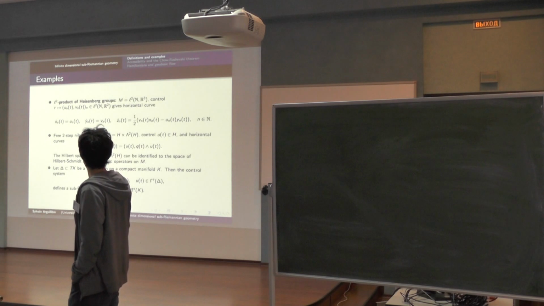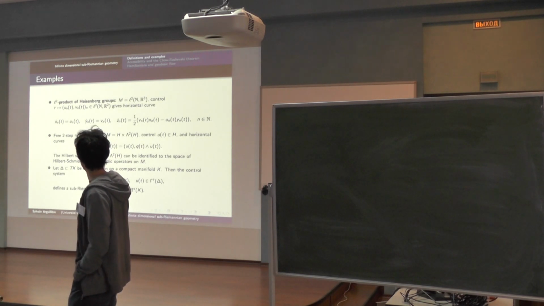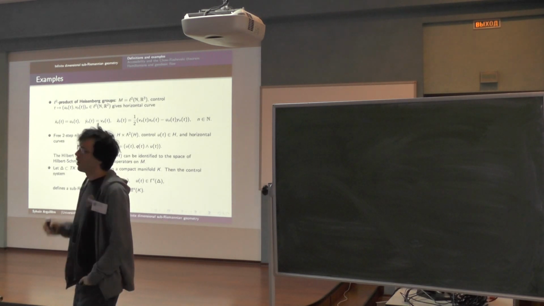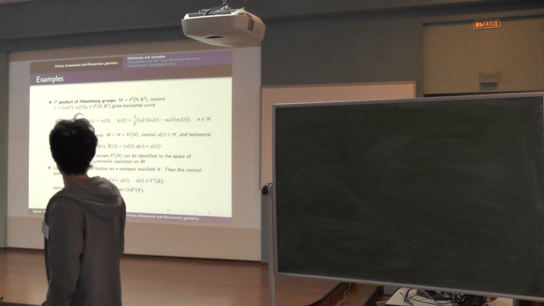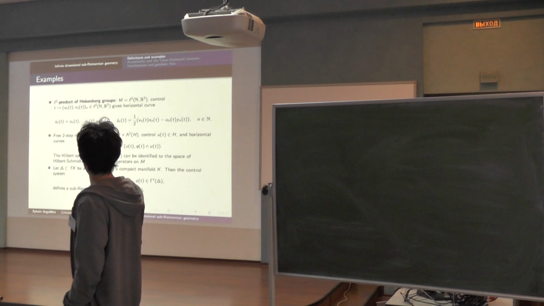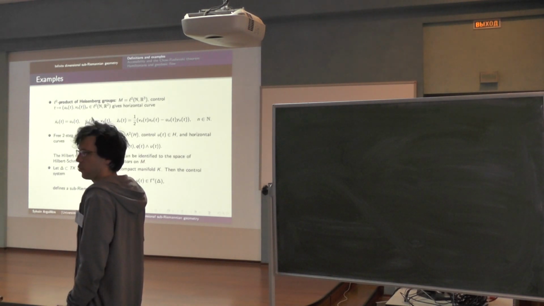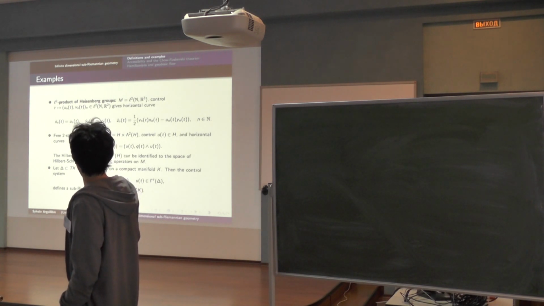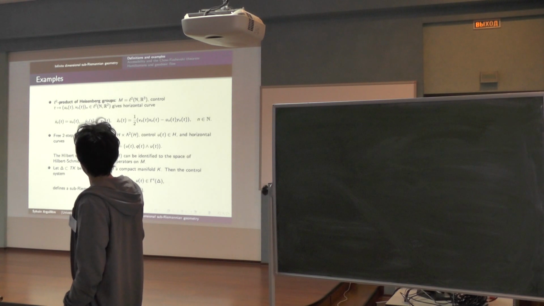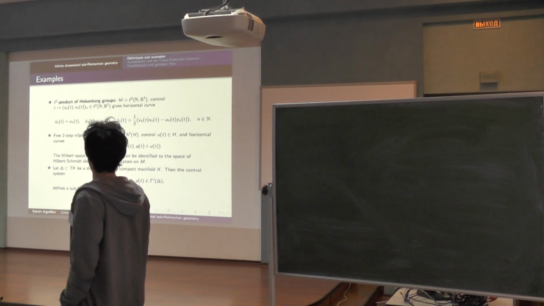A more complex example is that of a free two-step nilpotent group. Here you take M to be a Hilbert space times the Hilbert space of bivectors on this Hilbert space, and then horizontal curves are curves such that the coordinates in the Hilbert space move however you want, but the coordinates in Lambda 2 of H move by q of t wedge u of t.